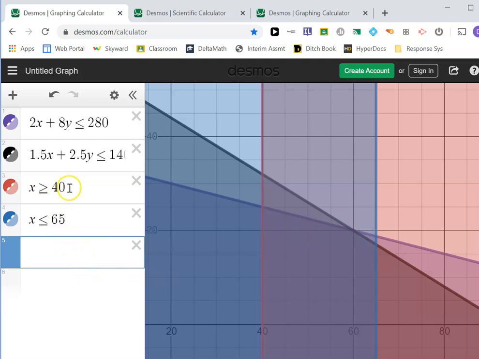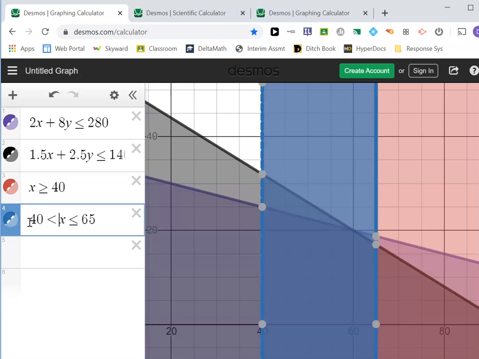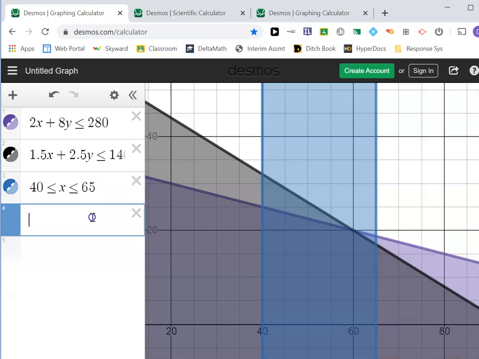Okay? There's an easier way to write this. If you put the 40 right in front of this and make it less than or equal to, okay, and then I can delete this one. This kind of cleans it up a little bit because it just makes this blue band in the middle here that describes the minimum and maximum number of chairs. Well, you could do the same thing with desks.